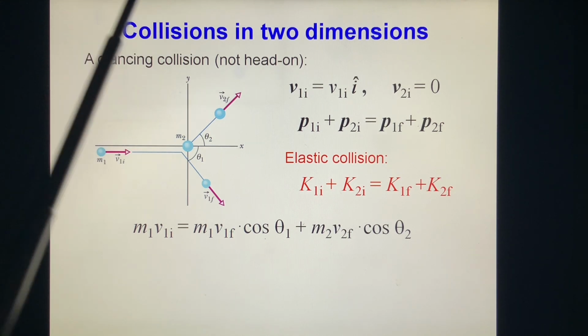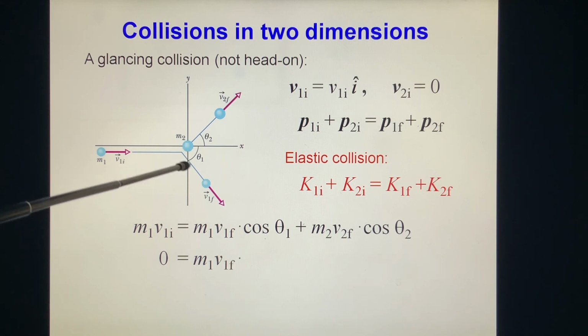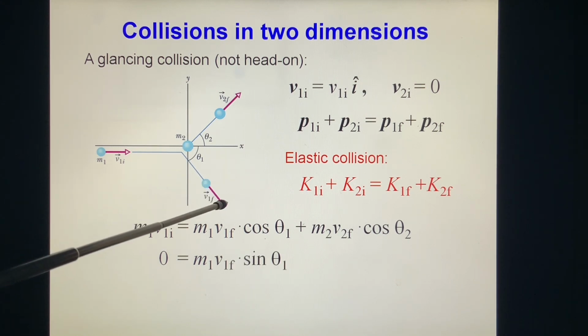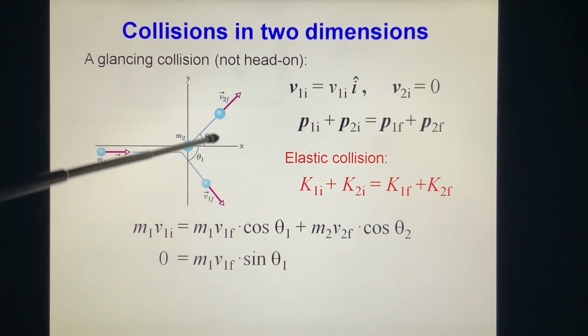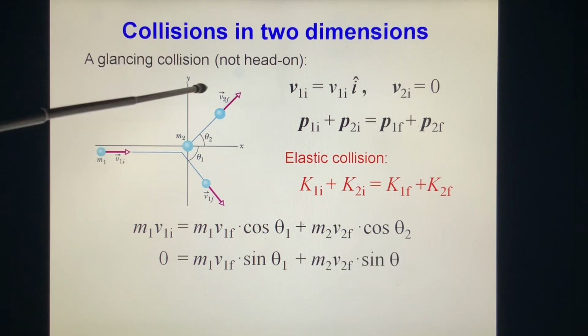And along the y direction, originally it is 0, and you have m1 v1 final sine theta 1 plus m2 v2 final sine theta 2.